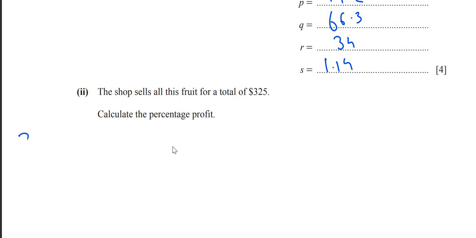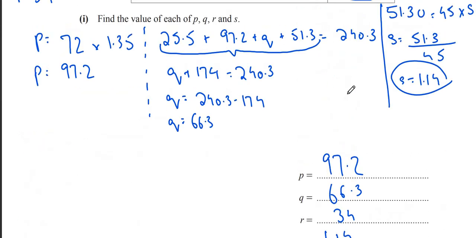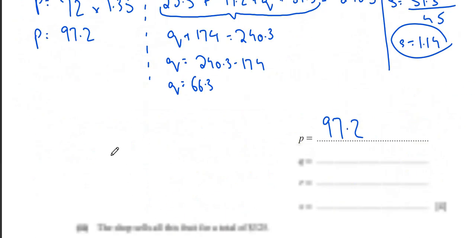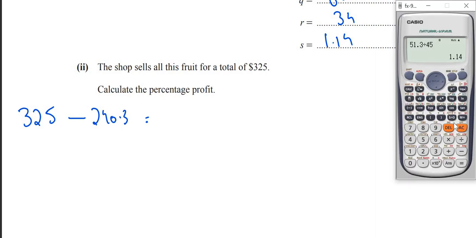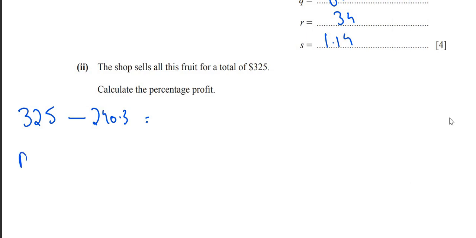So the amount of profit is 325 minus cost. How much is cost? 240.3. So we will subtract 325 minus 240.3. So the amount of profit is 84.7.